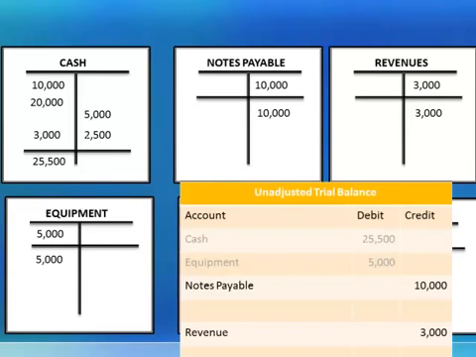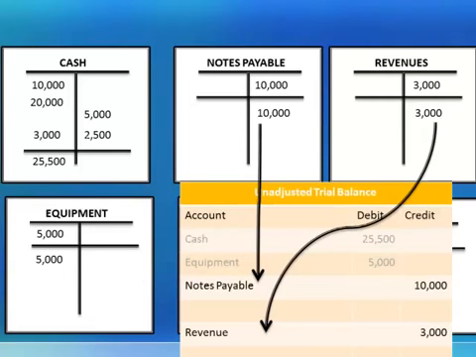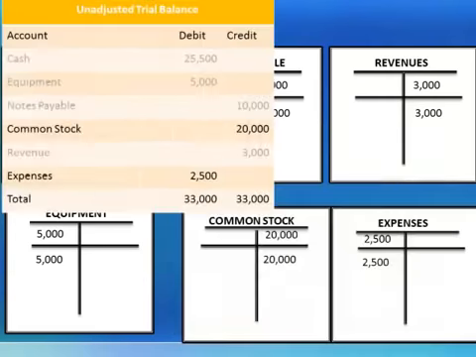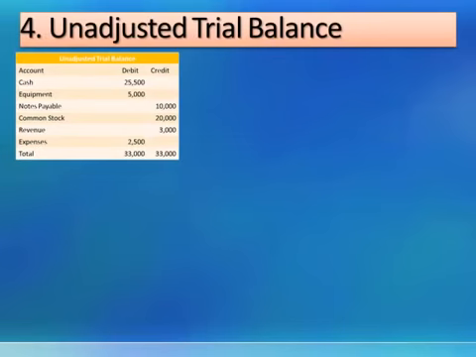Then we see our notes payable is added to our unadjusted trial balance, and it reports a credit balance of $10,000. Our revenues are added to our trial balance, and it has a credit balance of $3,000. We also have our common stock with a balance of $20,000 and our expenses with a debit balance of $2,500. The unadjusted trial balance is a list of all of the accounts in our accounting system with balances.